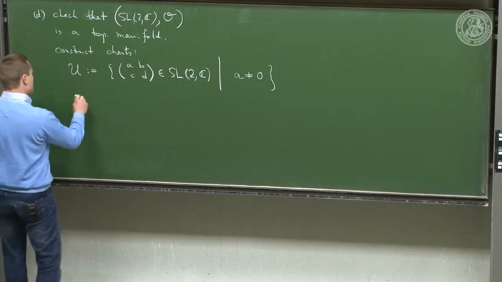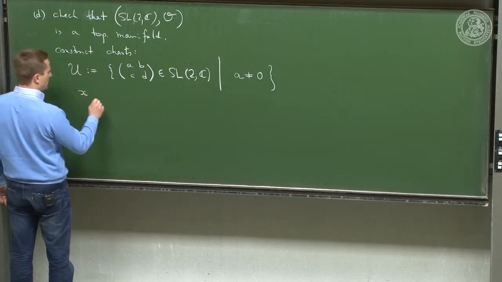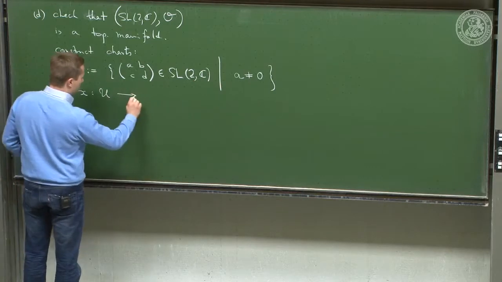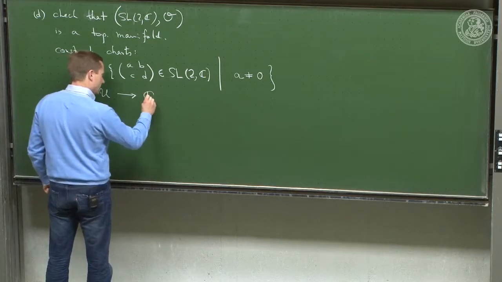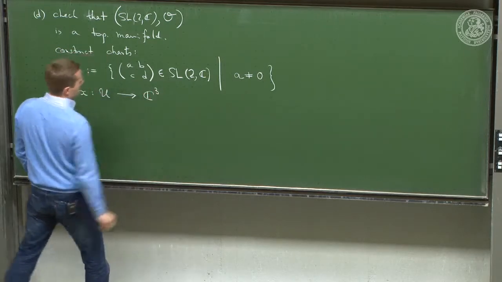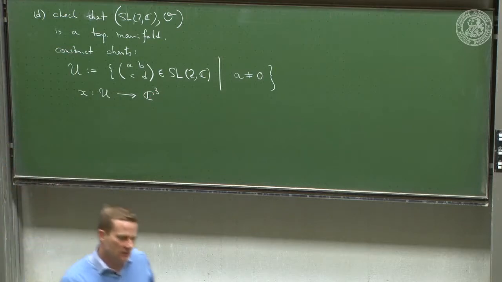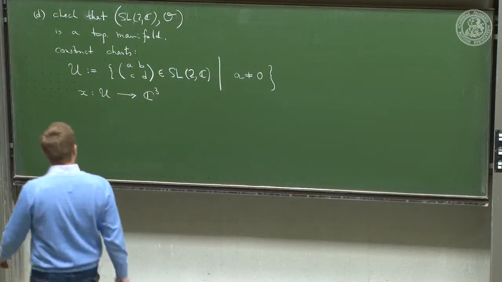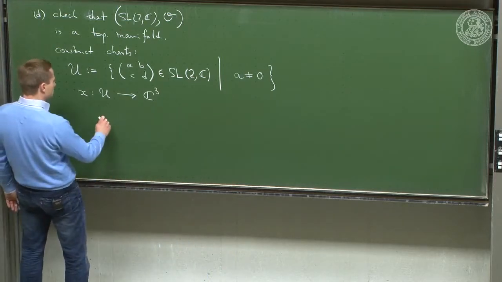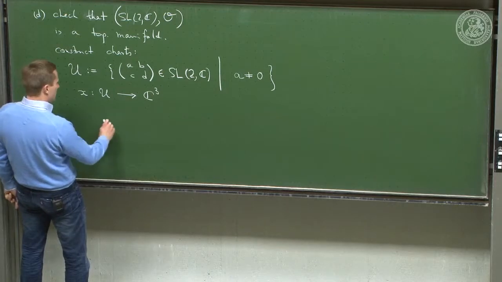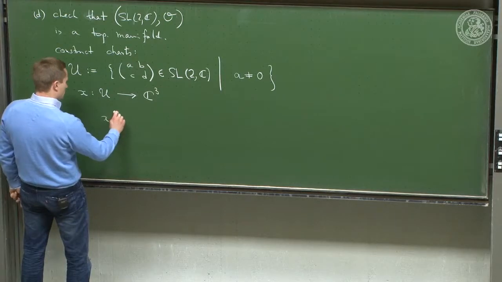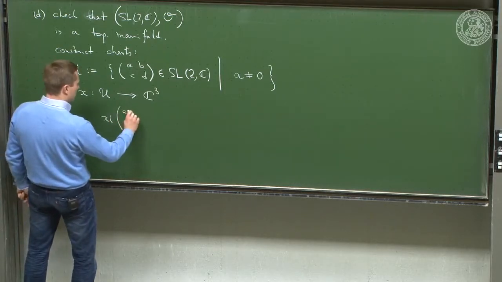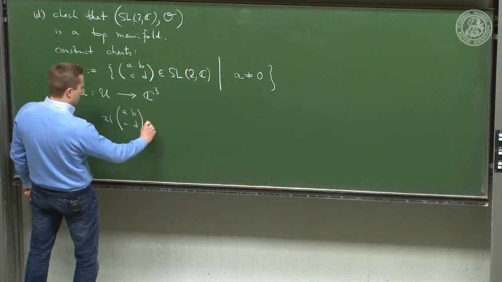Why do I do this? Now I look at the chart map I call X. X is supposed to go from the chart domain down to, and let me see whether my intuition is right here, C3. So our charts are C3 charts. I take an element in U, and I map it by X. It's a bit funny notation, but let's be precise here.